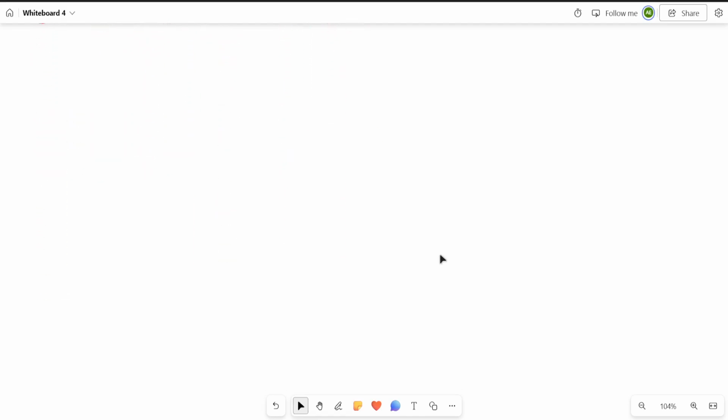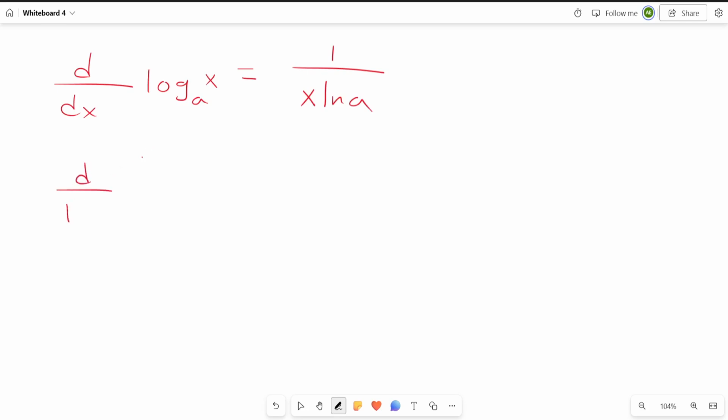We have one more differentiation we need to look at, which is basically differentiation of log to the base a of x. This is basically equal to 1 over x ln a. And this is super similar to differentiation of ln of x, which we talked about, because ln of x is nothing but log to the base e of x.